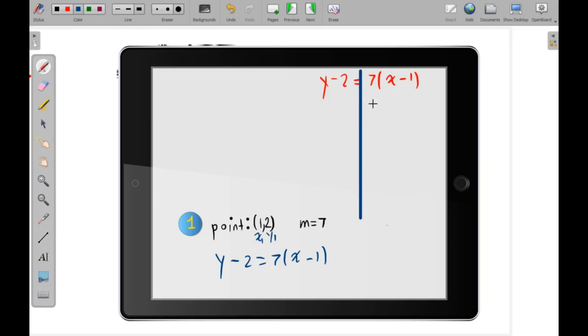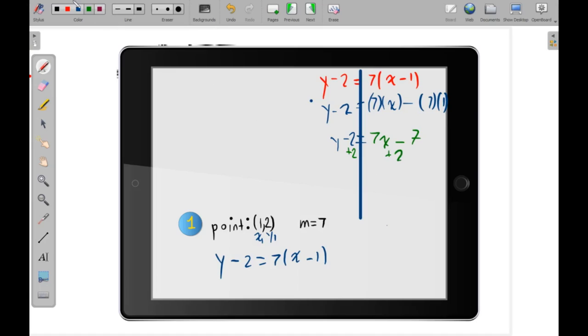Awesome. Okay, so our 7 says hi to x. We have a minus sign inside our parentheses, and our 7 says hi to 1. And that's equal to y minus 2. So let's simplify this. y minus 2 is equal to 7x minus 7 times 1, which is 7. So now we're going to take care of this negative 2. The opposite of negative is a positive, so plus 2 on both sides.